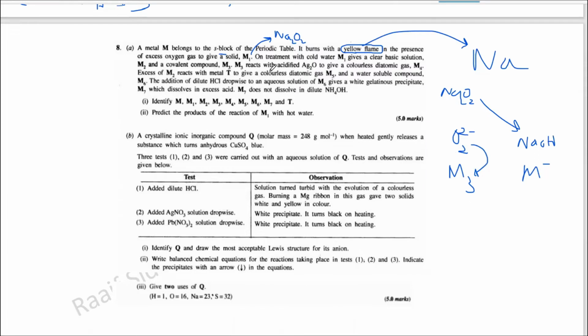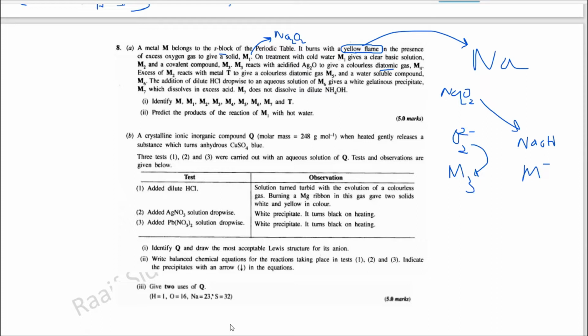They say M3 reacts with acidified Ag2O to give a colorless diatomic gas. Silver is going to be reduced and H2O2 will be oxidized to form O2 gas.